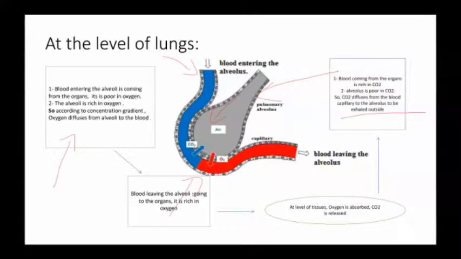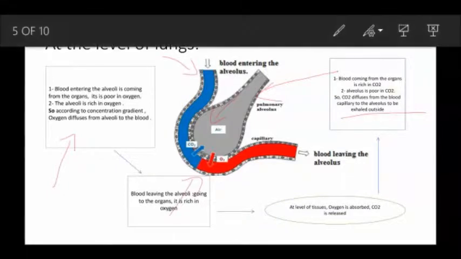So, the blood which is coming from the organs is rich in CO2, but it is poor in O2. Let's see these two boxes together. This is blood coming from organs, which is entering the alveolus. It is rich in CO2, and at the same time, it is poor in oxygen. Inside the alveolus, the air is rich in oxygen and poor in carbon dioxide.